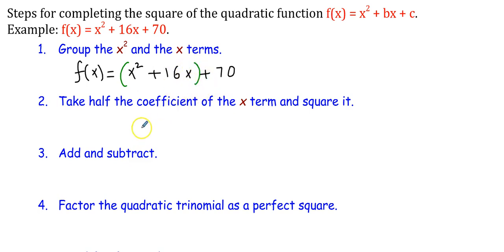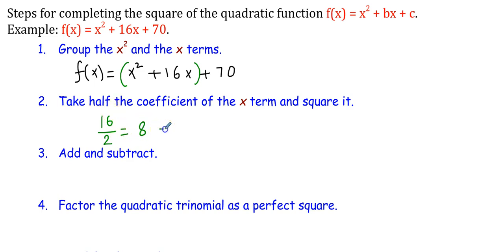I did that. Now take half the coefficient of x term. The x term is that 16x. In this 16x, 16 is the coefficient. The numerical value is 16. I'll divide by 2 because I have to halve that.